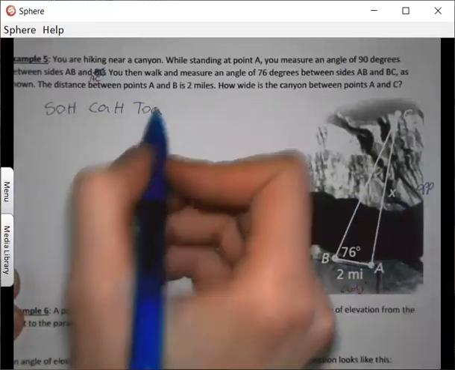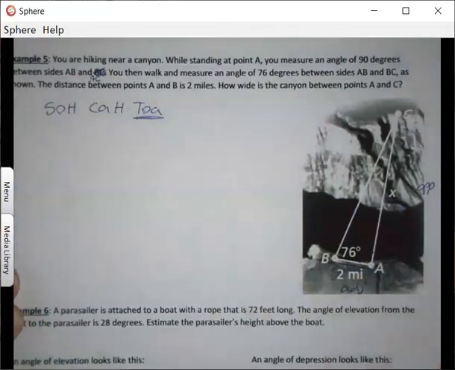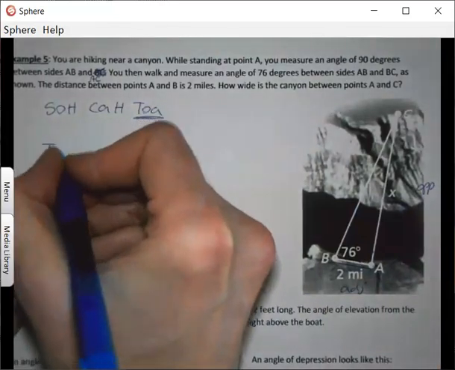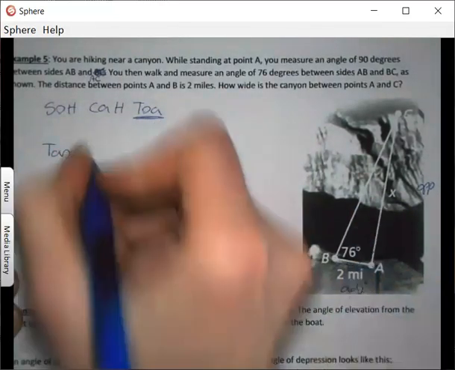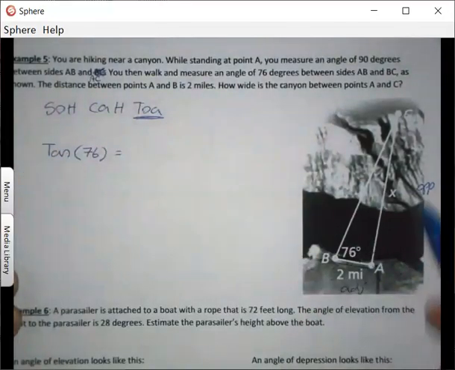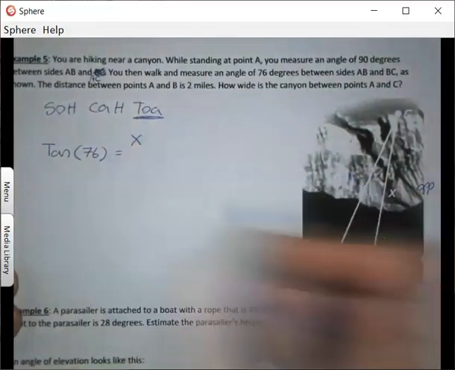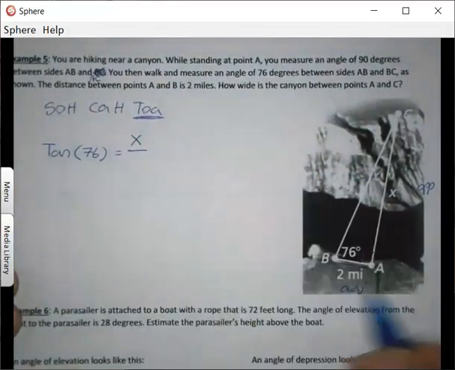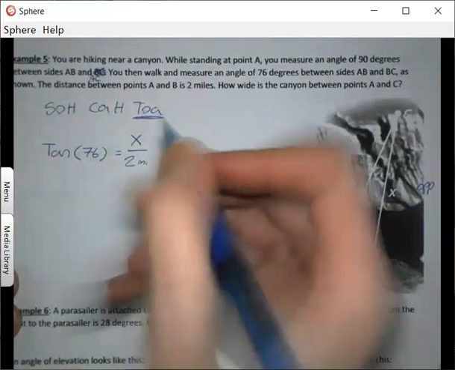Adjacent, opposite, tangent. So I'm going to say the tangent of our angle is equal to the length of the opposite side, which is x, over the length of the adjacent side, which is 2 miles.